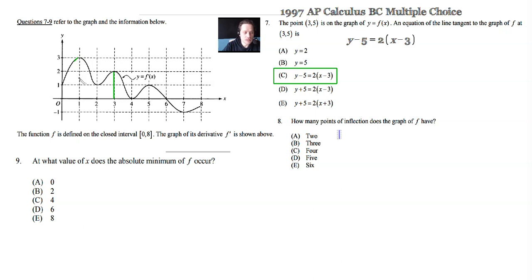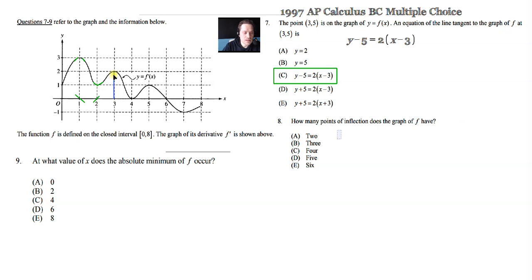Here the second derivative is positive, so it would look like this. And then here the second derivative is negative, so it would look like this. Because the second derivative switches signs from positive to negative, the original function has an inflection point. Same thing over here. The second derivative is negative, then it's positive, so it switches from negative to positive. That means on the original function, an inflection point.